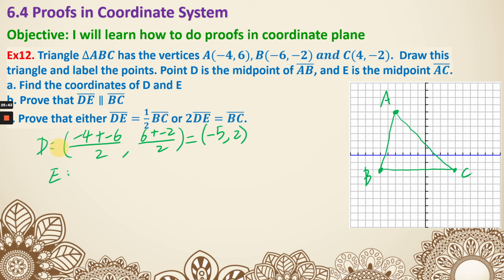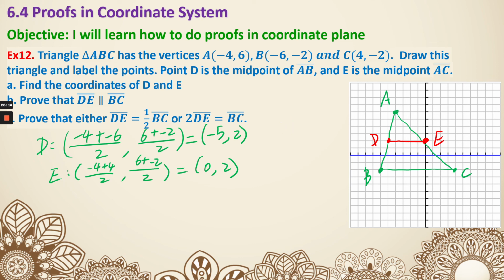E is the midpoint of AC, so it's going to be -4 plus 4 over 2, and 6 plus -2 over 2, which is going to be 0, 2. So the midpoint -5, 2 is right here, and 0, 2 is right here. That's my D, that's my E.